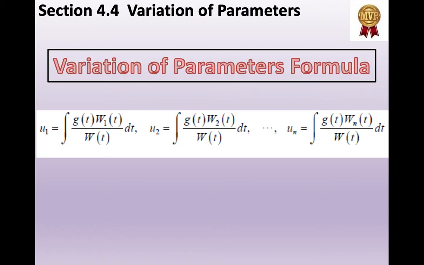So for us, our g of t is e to the x. That's the factored out e to the x from the determinant. And it doesn't matter how many you've got. And then this is the determinant, with the e to the x in front.